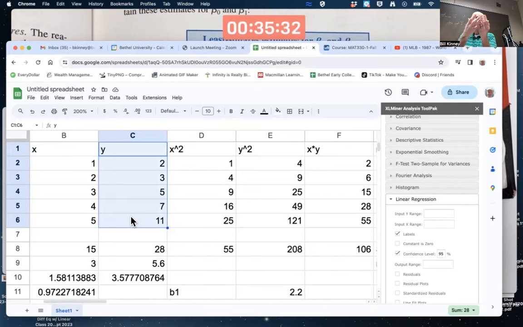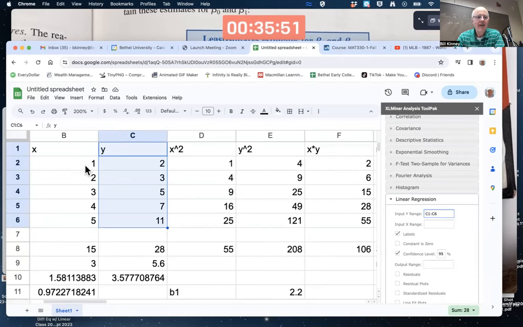Sleep, problems correct or something. Actually, that's one of the sample problems in the video I'll share with you. Click the box, C1:C6 shows up. I could have just typed that.